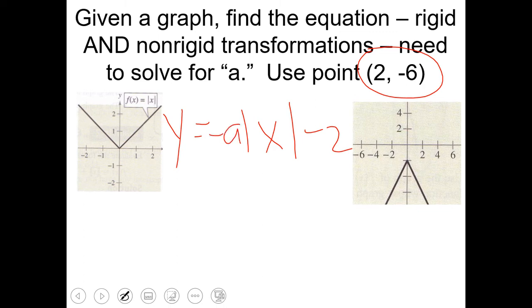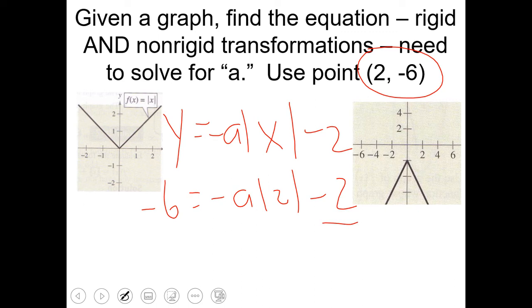And because there may or may not have been a stretch or shrink, I'm going to put an A out there to decide for sure. How do I know if there's a stretch or shrink? Well, now I'm going to use that point 2, -6. So -6 equals negative A times the absolute value of 2 minus 2.